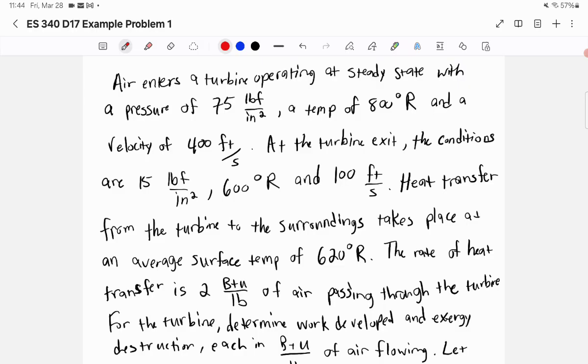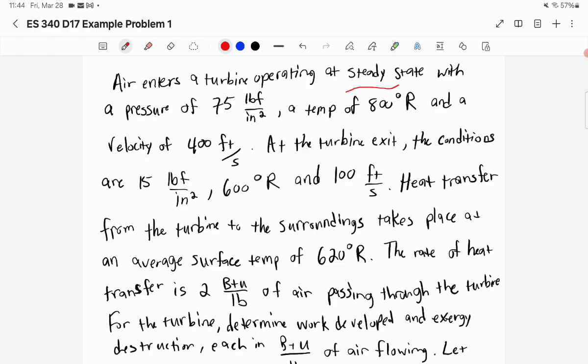So air enters a turbine operating at steady state, obviously a key term here, with a pressure of 75 pound-force per inch squared, a temperature of 800 degrees Rankine, and a velocity of 400 feet per second.